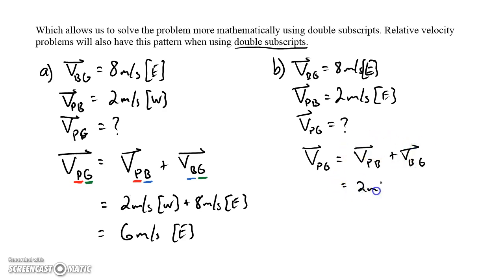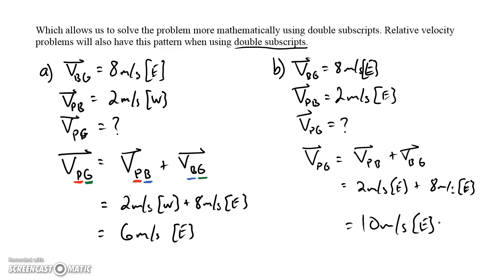And we get 2 meters per second east plus 8 meters per second east equals 10 meters per second east. When things are in a straight line, it's often very easy to solve.